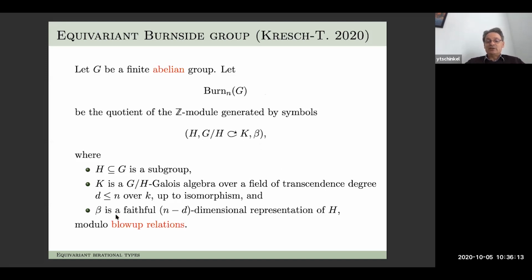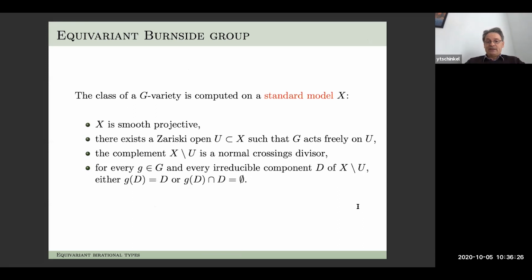And then beta, which is a faithful n minus d dimensional representation of H, modulo blow-up relations. So the blow-up relations are a little bit complicated. I don't reproduce them here. They're in the paper. But so let's go to the computation, and it will explain what these symbols are.